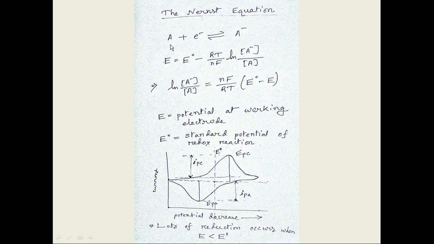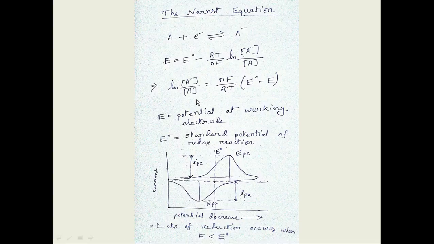In the Nernst equation, if you consider reduction of a species A plus e minus giving A minus, then the equation will be E is equal to E0 minus RT by nF ln of A minus by A. n is the number of electrons, that means 1.